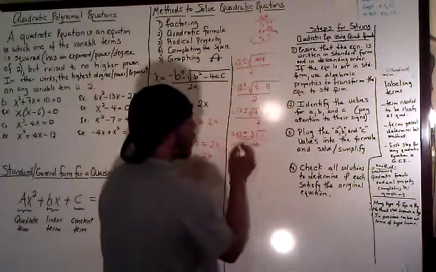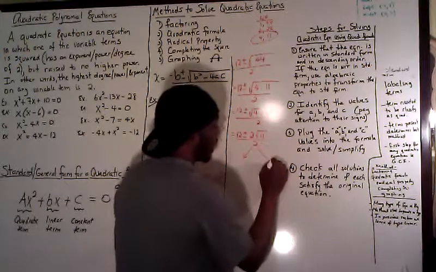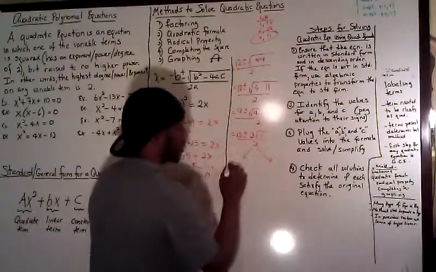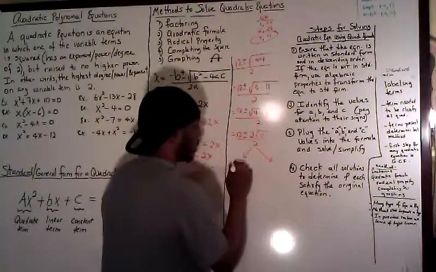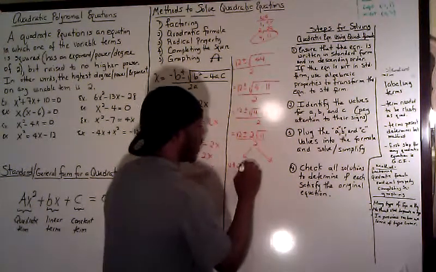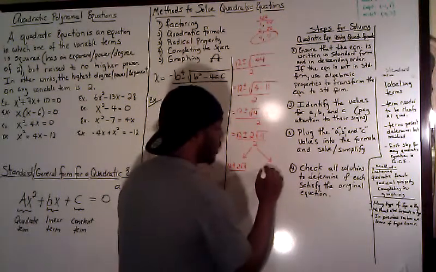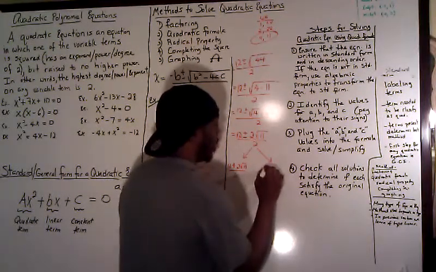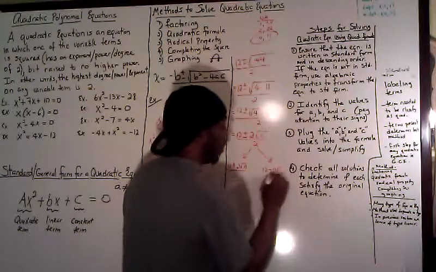So we can go ahead and cancel or break it up at this particular step to say that one of our solutions is 12 plus 2 square root 11 all over 2, and then the other situation is 12 minus 2 square root 11 all over 2.